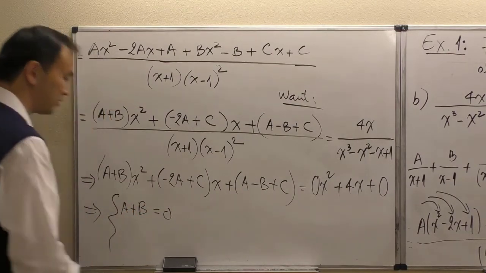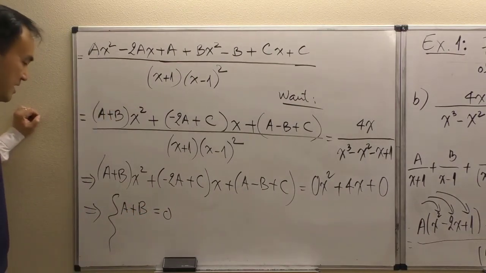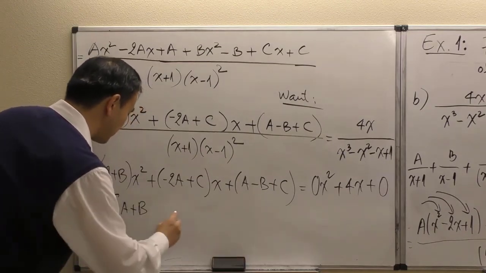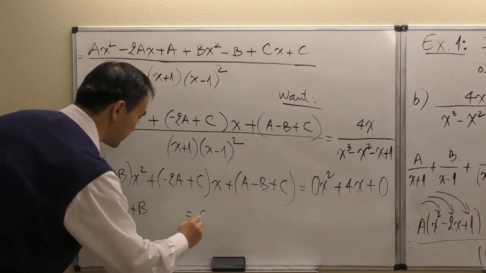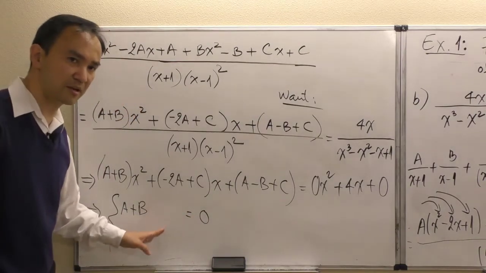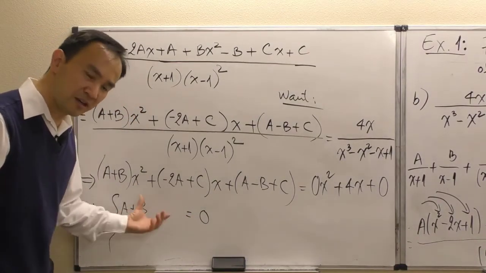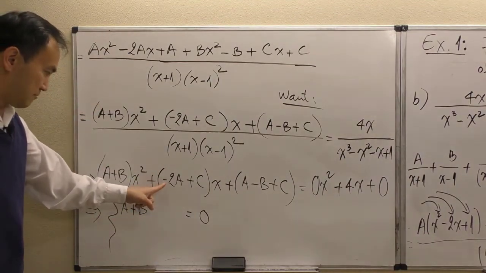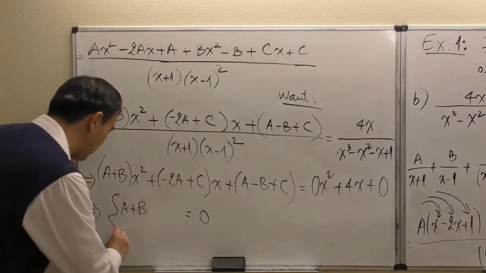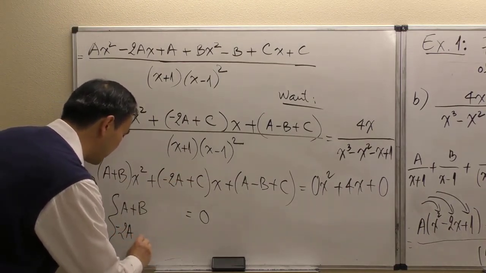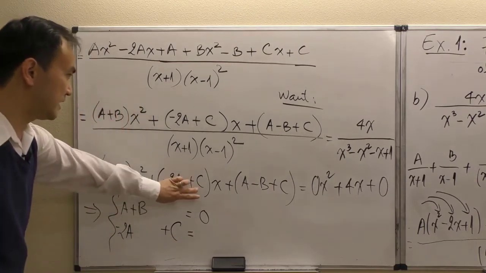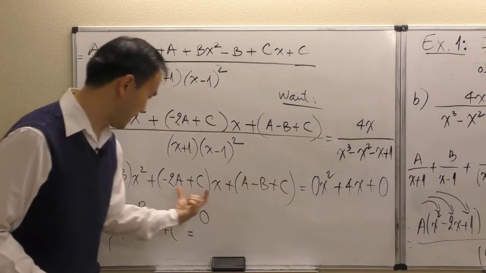That's one equation in our system. And then I'm going to leave a little space here, must equal 0. Someone viewing this video may be surprised why I'm leaving so much space there. There's a reason. And then minus 2a, leaving space here, plus c must equal 4, because that's the x term.